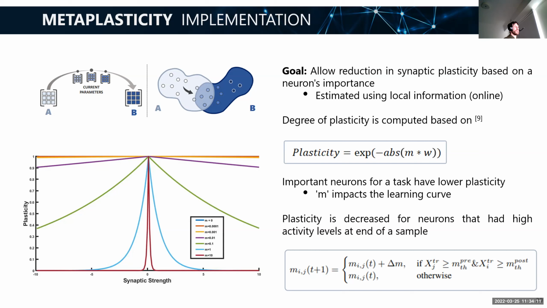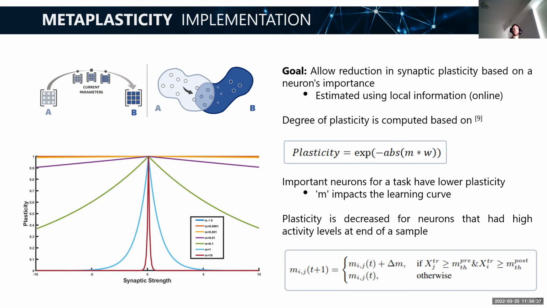To do this, we found another group that applied a global metaplasticity function where your metaplasticity is the exponent of the negative absolute value of your metaplastic state times your weight, where that metaplastic state was a global value applied to the whole network. The idea was that as your synaptic strength changes, your plasticity changes.